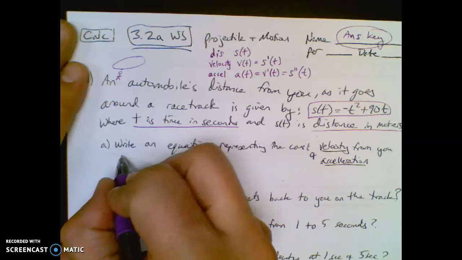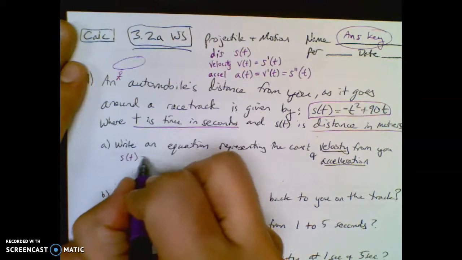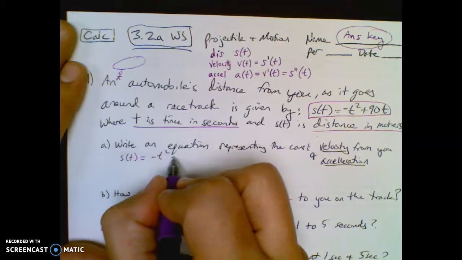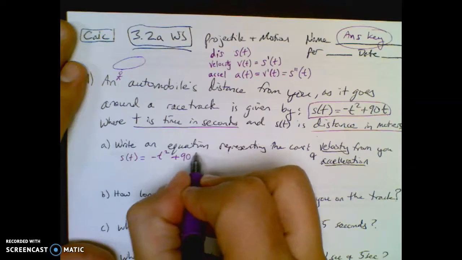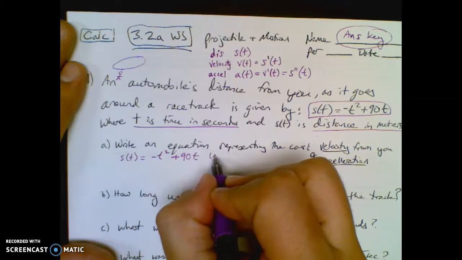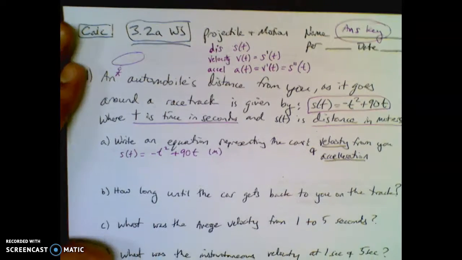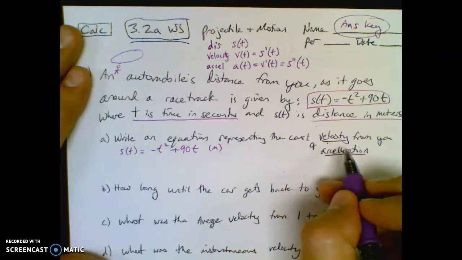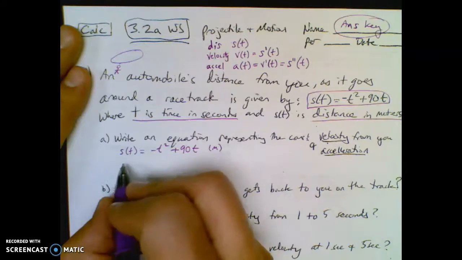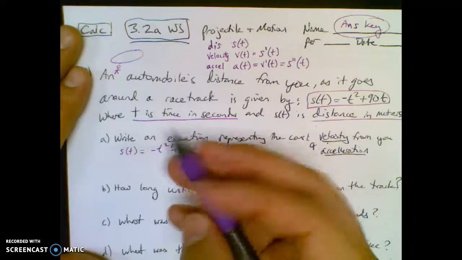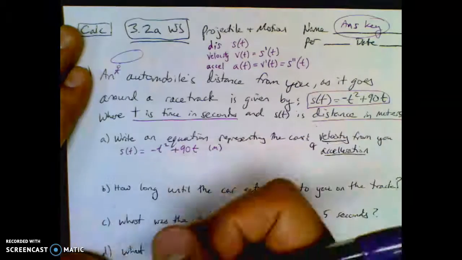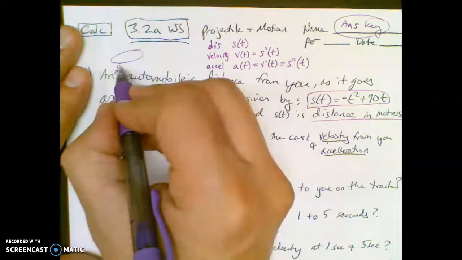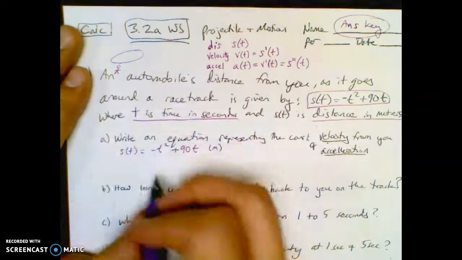Okay, so I have my first equation. It's negative t squared plus 90t. And I would write a reminder that this is in meters. Okay, then I'm asked to write an equation for the car's velocity from you. How fast is it moving away from me, or how fast is it moving towards me? Because at some points it's moving away, and at other points it's moving toward.